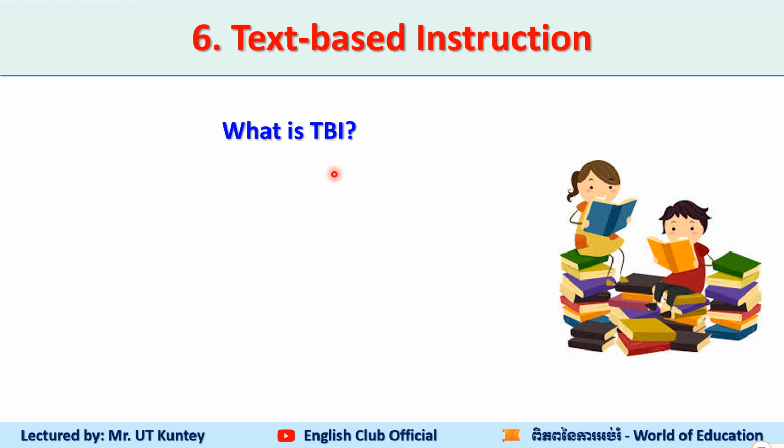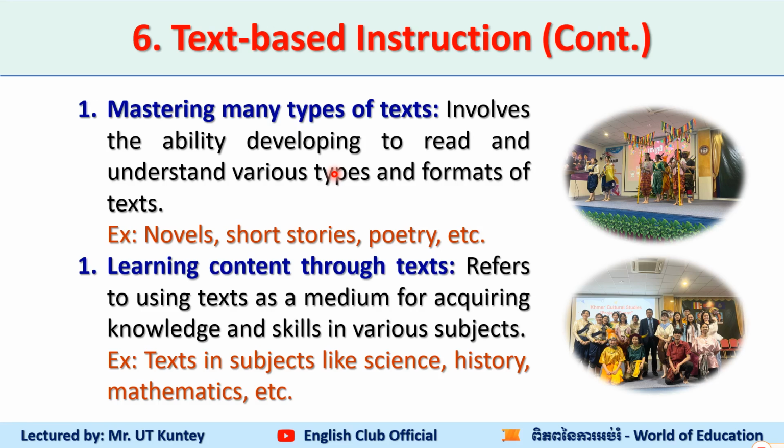For example, the student tries to read, and during their reading they try to understand the situation or each word, or sometimes they use their brain to imagine the real situation as well. You get it? This is what we call mastering many types of text.